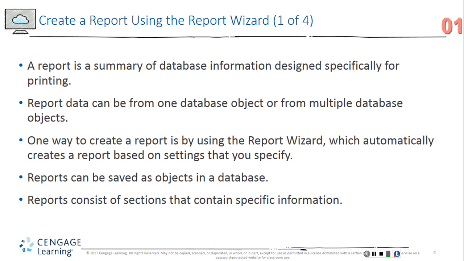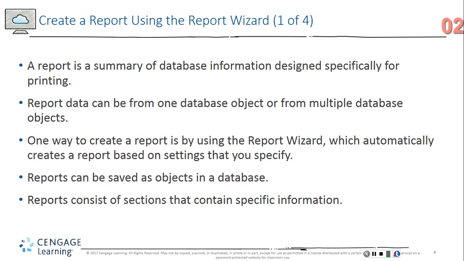The report data can be from one database object or from multiple database objects. We talked about that with combining queries or creating a query that accesses more than one table. So you can pull different data fields from more than one table to put into one query.